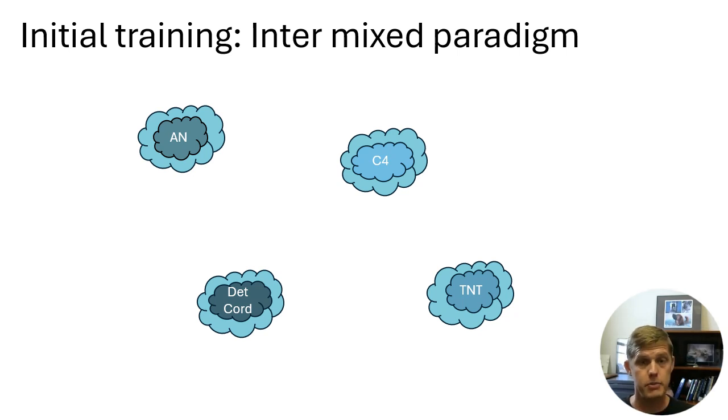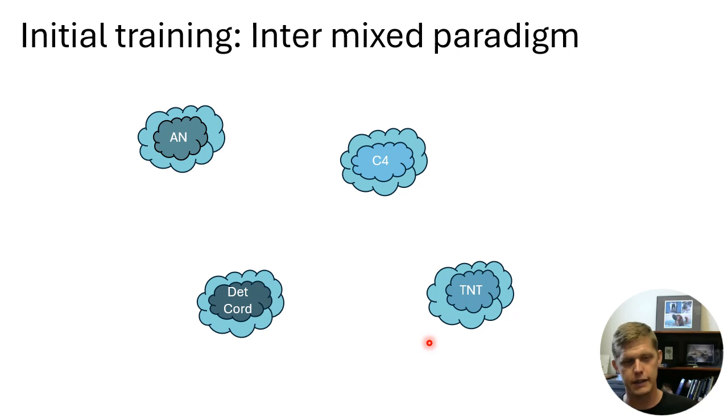Next, when we get to the intermixed paradigm, we would actually train all of our initial 4 primary odors at the same time. But instead of presenting them in one single mix where we mix the odor from all 4 of these materials together and present that to the dog, we would have one trial of AN, a trial of C4, a trial of det cord, a trial of TNT.